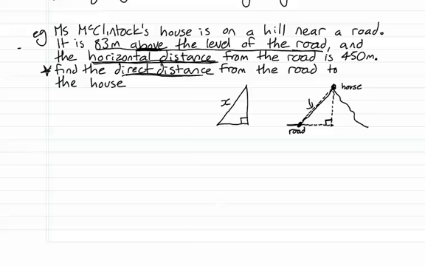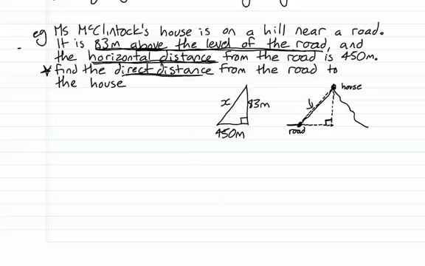They said 83 meters above the level of the road, so the distance up was 83 meters, and the horizontal distance was 450 meters. So most of the word question is about reading it and trying to work out where the values are in the triangle.